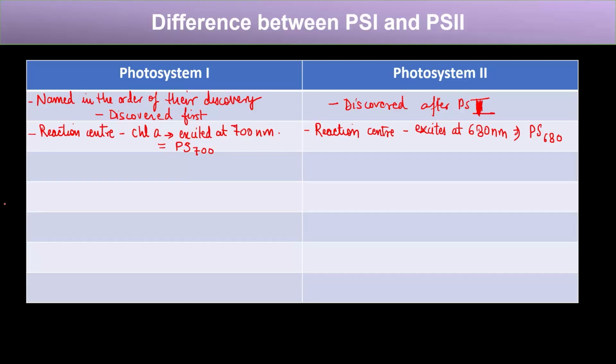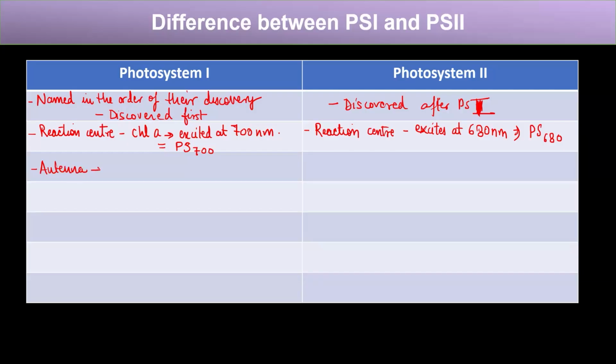Okay. Now, we also saw that photosystems have a light harvesting complex, right? The light harvesting complex consists of the reaction center, but apart from the reaction center, it comprises one more thing, and that is the antenna. So if we have photosystem 1, what kind of antenna do we have?